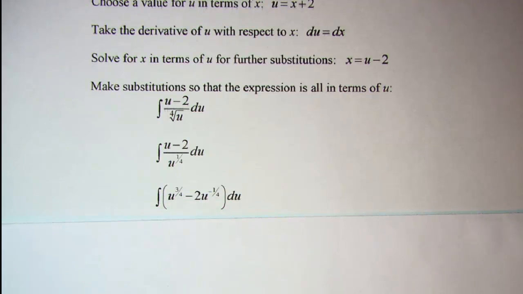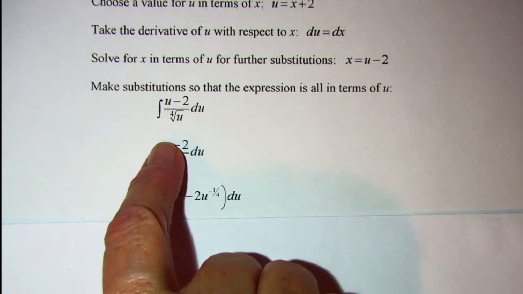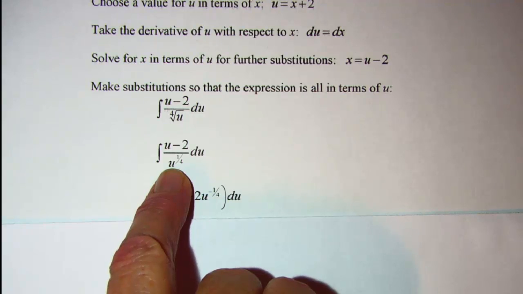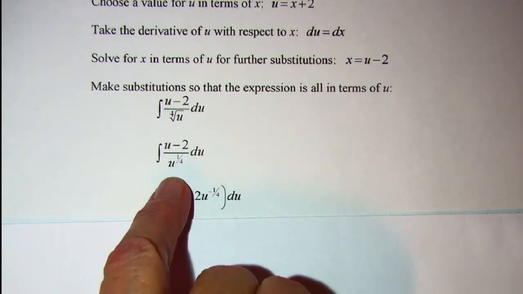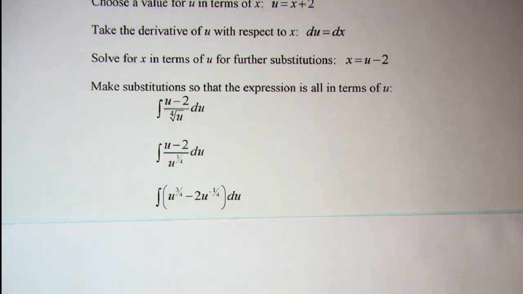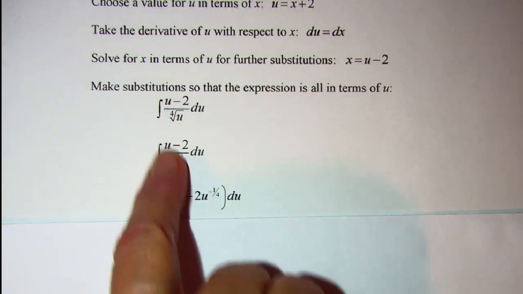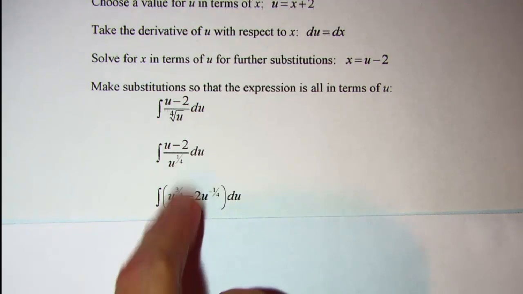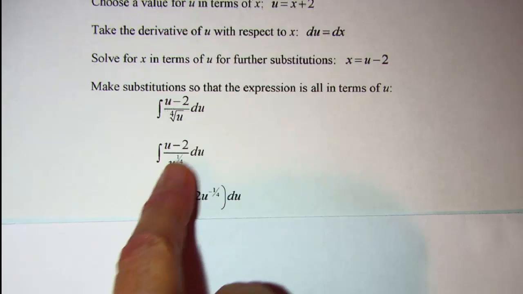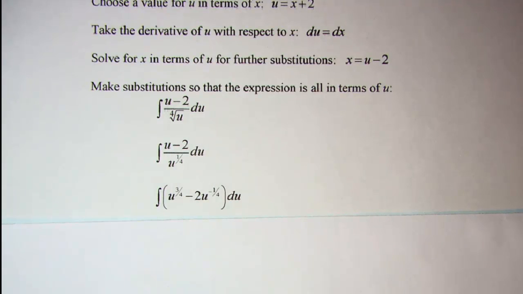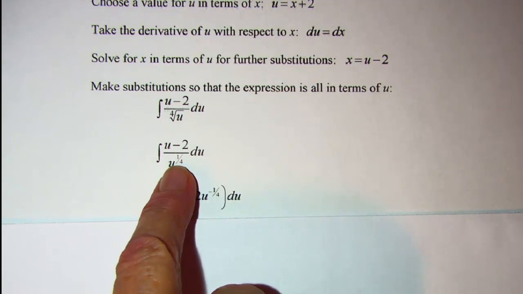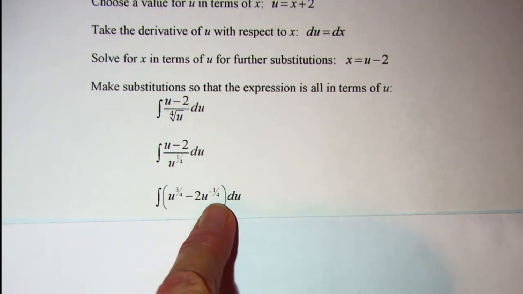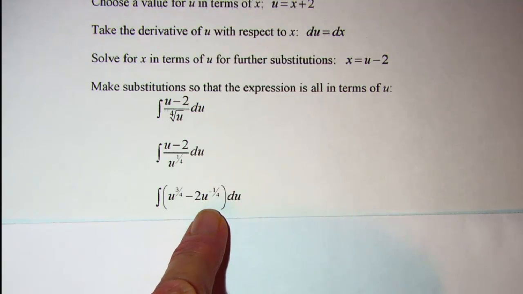So the first term will be u divided by u to the 1/4. And remember, when you divide, you subtract the exponents. So the first term simplifies to u to the 3/4. And then this second one, -2 over u to the 1/4 power, I can just write with a negative exponent, and then it'll be u to the -1/4.